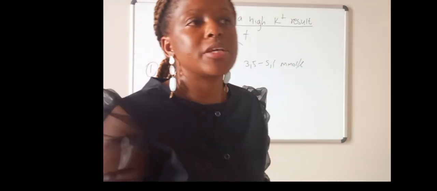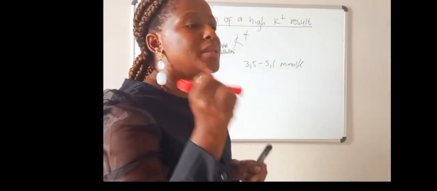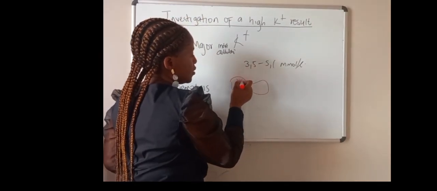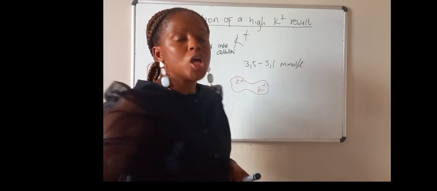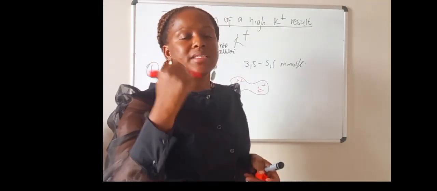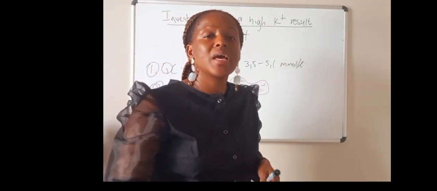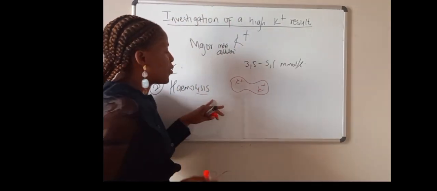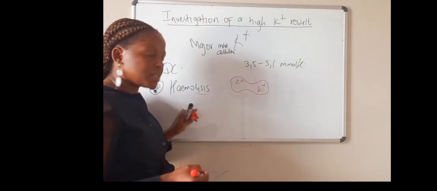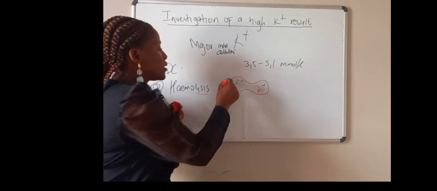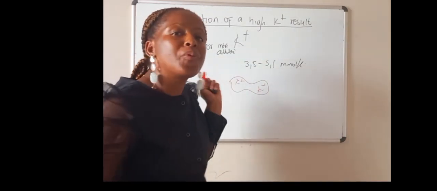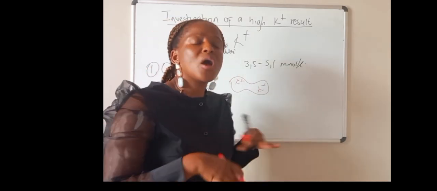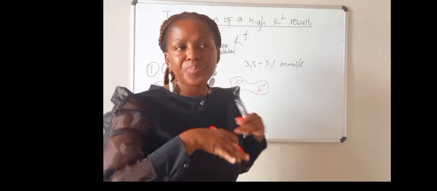I have just said already that potassium is a major intracellular cation. It means we find it in higher concentrations inside the cell. Hemolysis, or lysis, is the breakdown of your cells, your red blood cells in particular in this case, which can be caused by various pre-analytical problems.